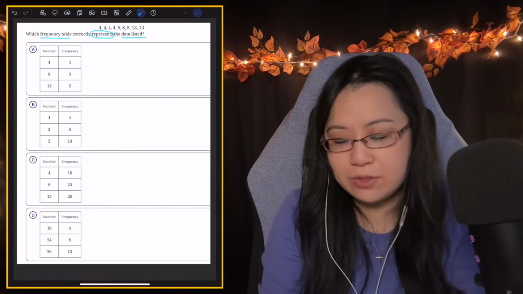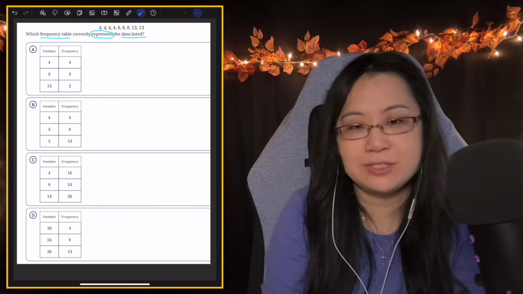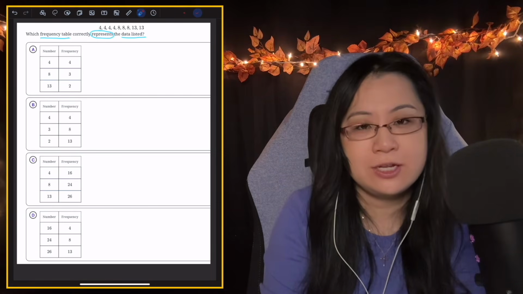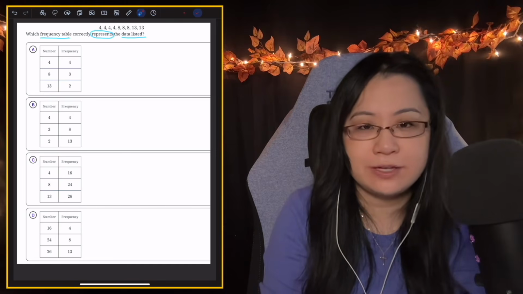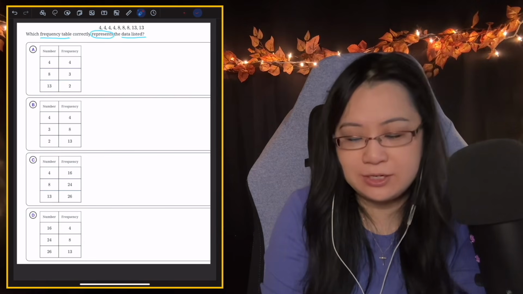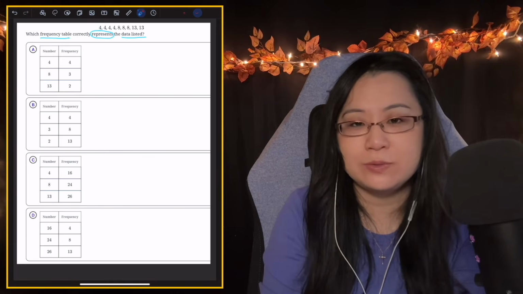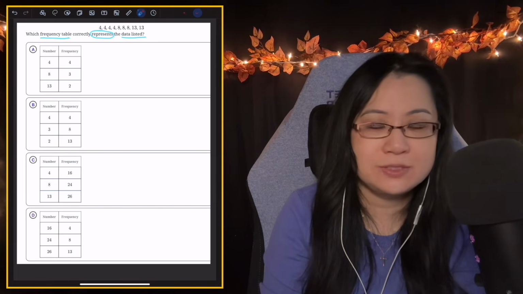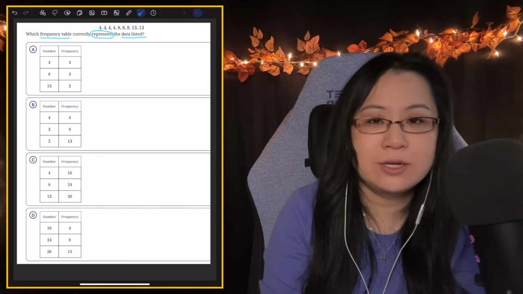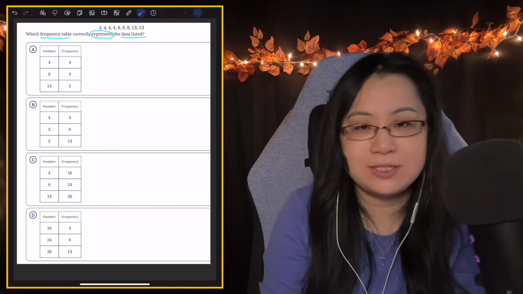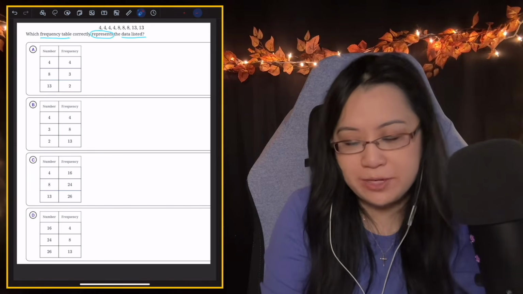The key idea of a frequency table is that we're basically going to list out the unique values or the unique data points, and then we are going to write out how many times each of those data points show up, aka the frequency. So how many copies of them do we have?